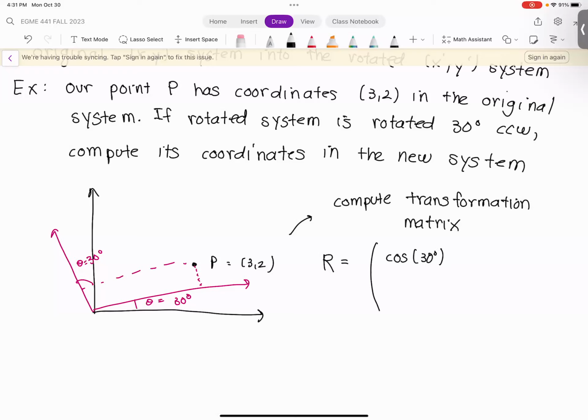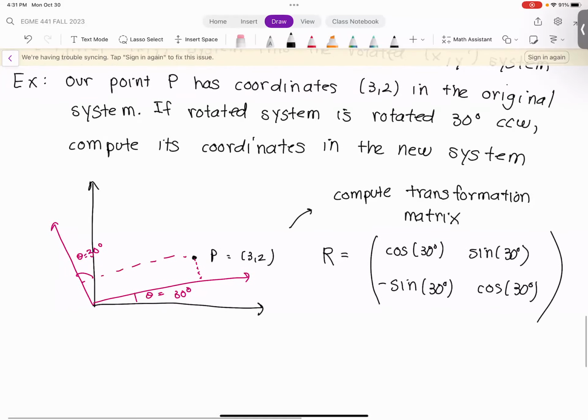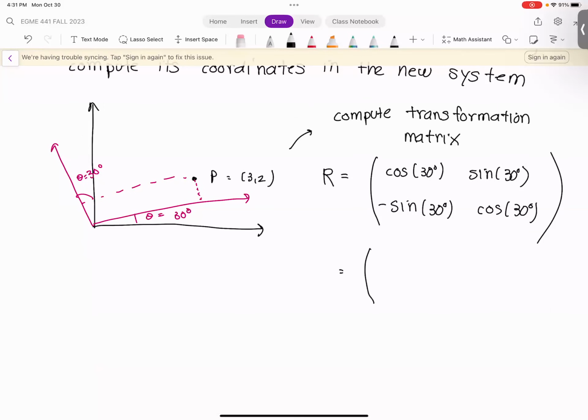Our theta here is 30 degrees, so we're going to have cosine of 30, sine of 30, minus sine of 30, and cosine of 30. We just compute those, and so we get root 3 over 2, 1/2, minus 1/2, root 3 over 2.